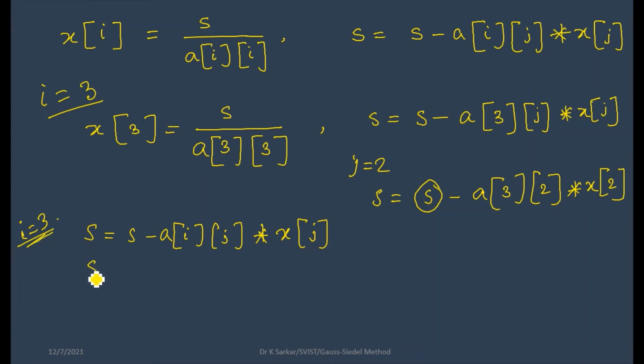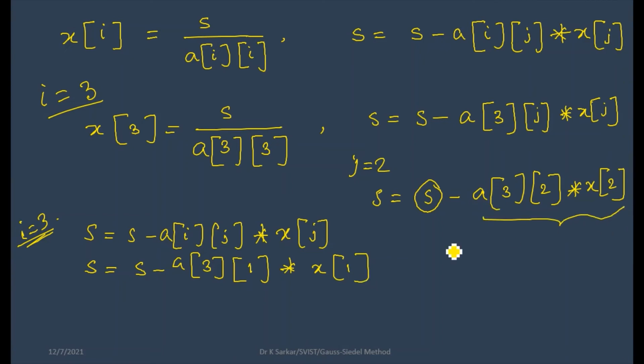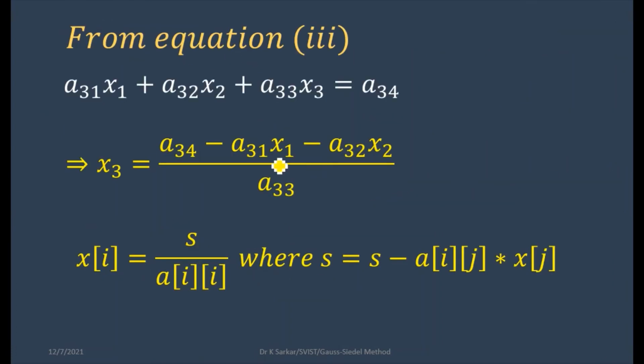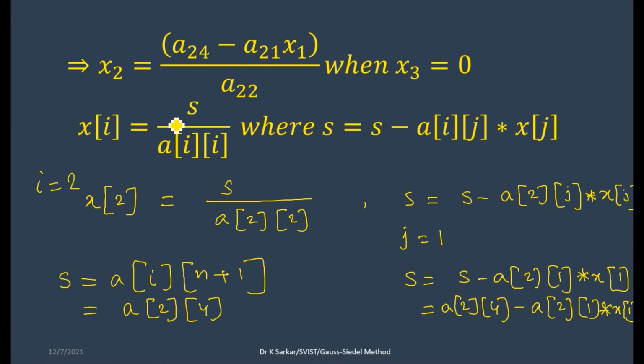So previously you got s minus a3 and then j is 1 multiplied by x1. So you have got this value, then this value, and this s you require. So you need this part, and this part you will get from the beginning.